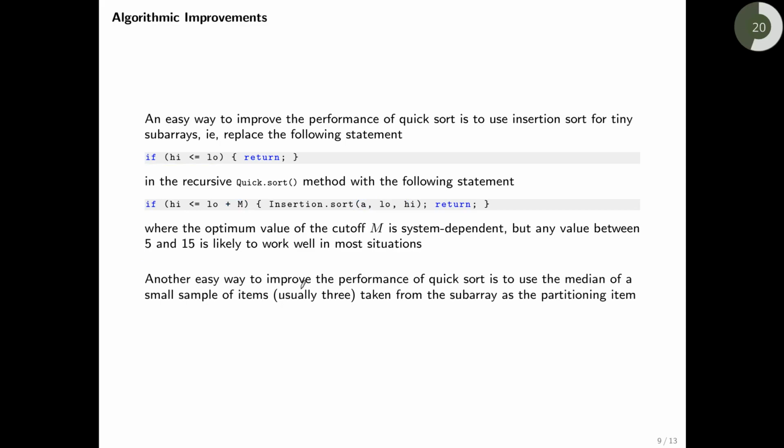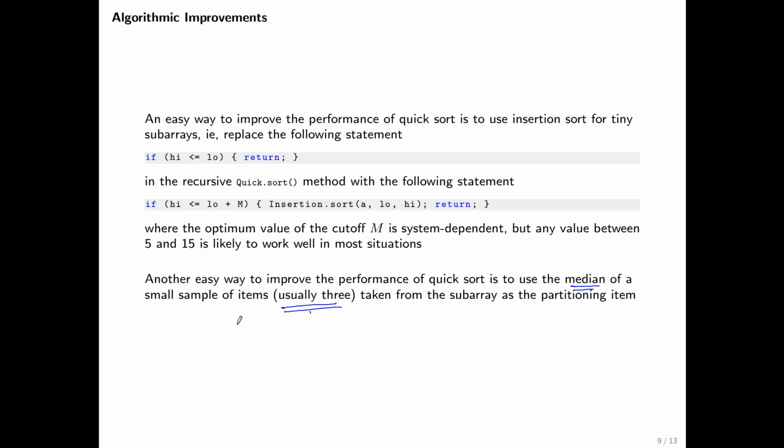Another easy way to improve the performance of Quicksort is to use what is called the median of 3 sorting. And what that involves is we simply sample some items, usually just 3 items. So we pick 3 items at random and pick their median as the pivot.